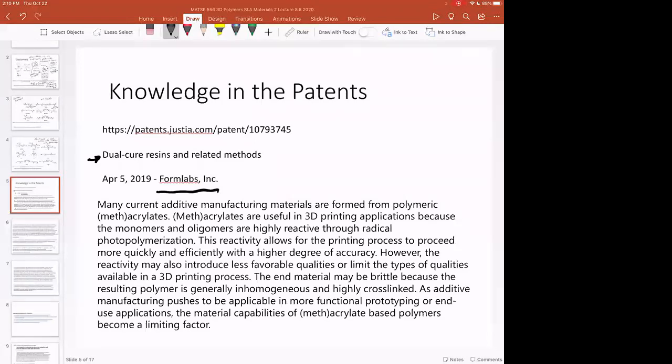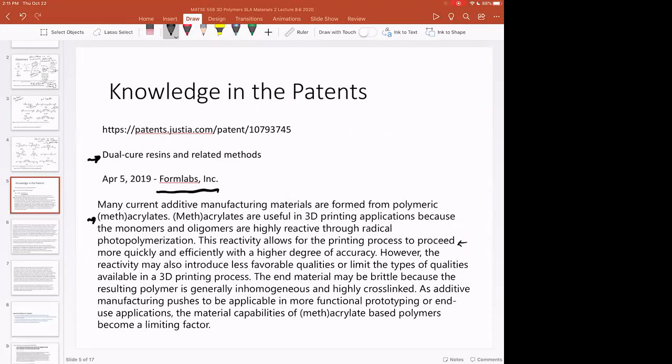So they start off with many current AM processes use acrylates and methacrylates, or they abbreviate it like this. So we already know that. That's very interesting. And Formlabs thinks the same thing because they're fast and they print well. So that's nice. Use acrylates and methacrylates, and it's really easy to design a stereolithography process.